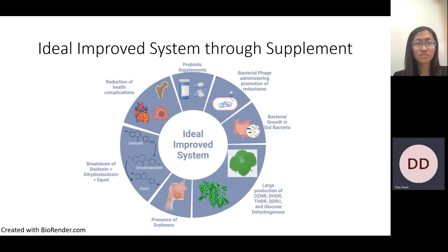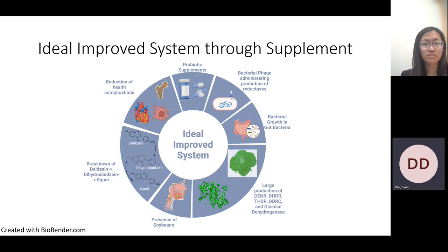The ideal system that we would want to implement would be through supplements. We will provide people with probiotic supplements in which the bacteriophage would administer the promotion of reductases that are necessary to break down daidzein.